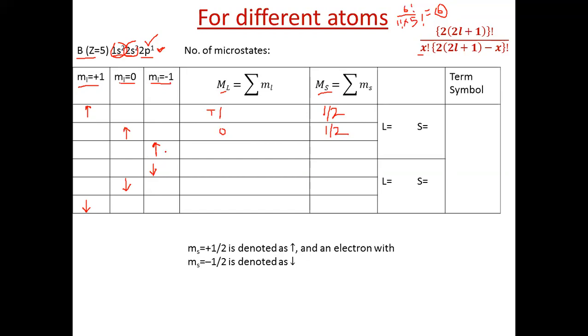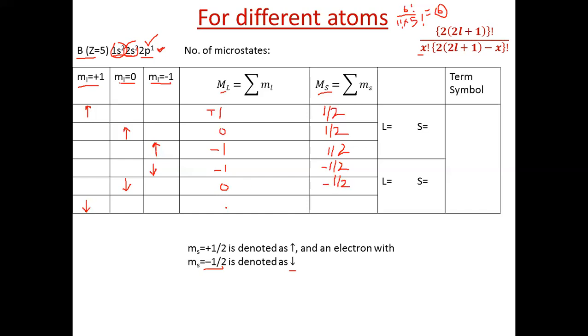For this, ml is 1 electron, 1 multiplied by minus 1 is minus 1. So its ms is again plus half. Okay. What about this? ml is minus 1. Now as it is with anti-clockwise spin, we have the downward arrow, it gives ms minus half. This is 0, minus half.